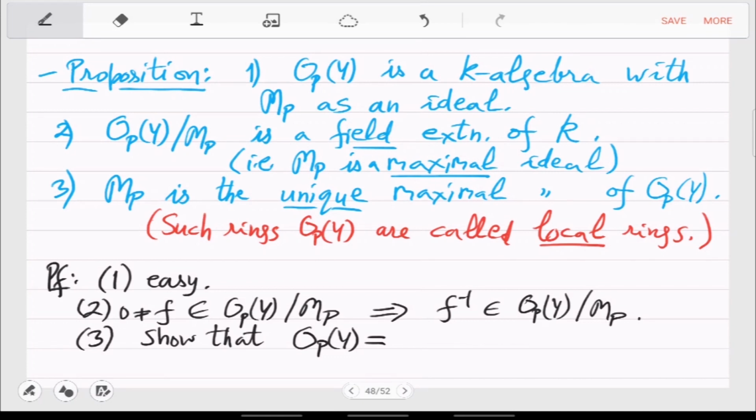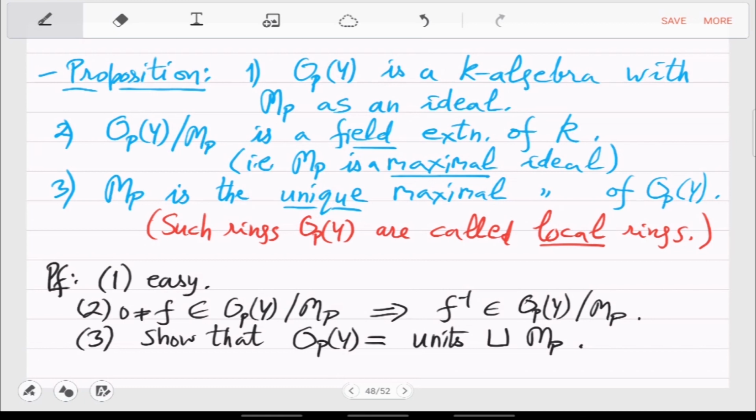There are the units, and if you remove the units, then what remains is just M_P. Which means that the germs around P either vanish at P or they are invertible.